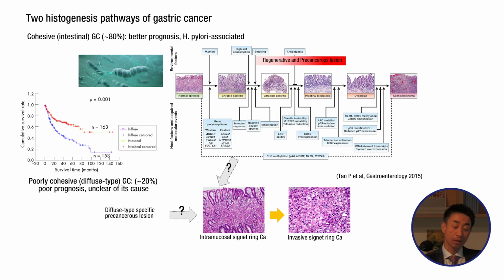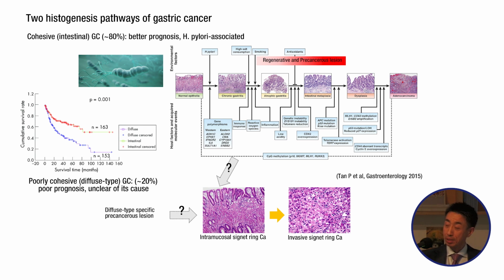Also, from the pathological point of view, there are 2 histological subtypes of gastric cancers. One is the intestinal type, or cohesive type, in which tumor cells associate very tightly. This is the major type of gastric cancer and is highly associated with Helicobacter pylori infection. But there is another important subtype, the poorly cohesive or diffuse type gastric cancer.